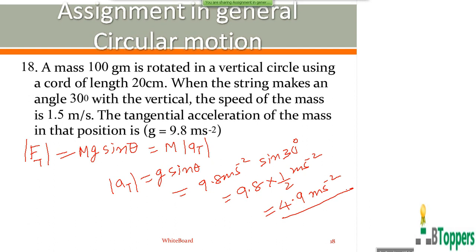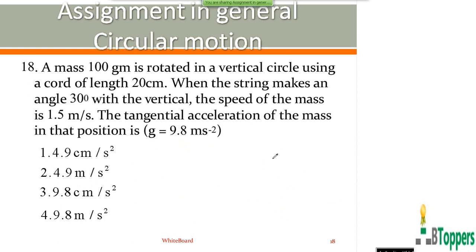So answer is 4.9 meter per second square. That means the answer is independent of the value of V given in the problem or length of string. So for question number 18, second option is answer, 4.9 meter per second square.